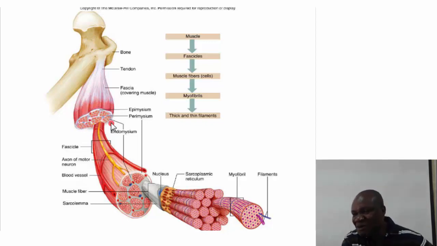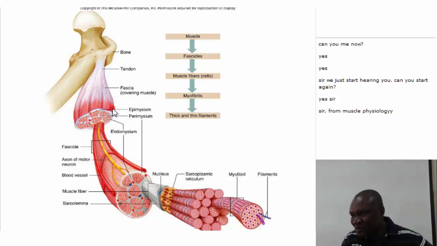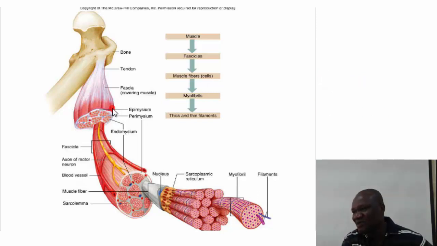Now the muscle is made up of fascicles. We are doing muscle physiology. As you can see, the whole muscle is made up of fascicles. These are the fascicles.